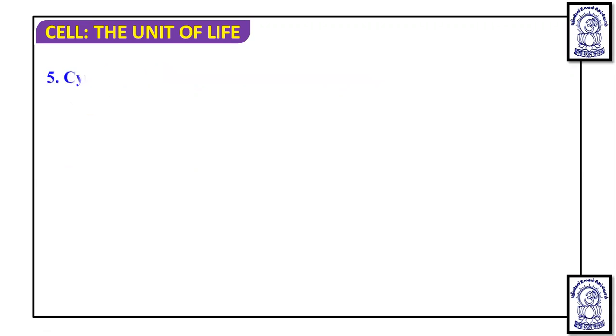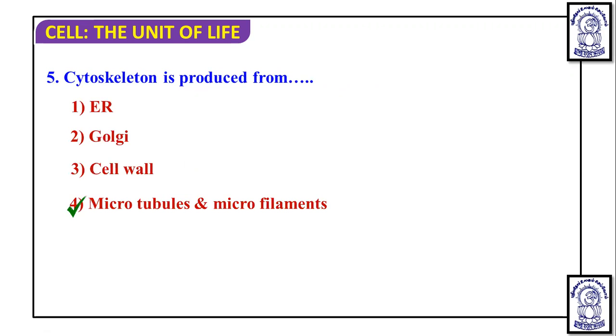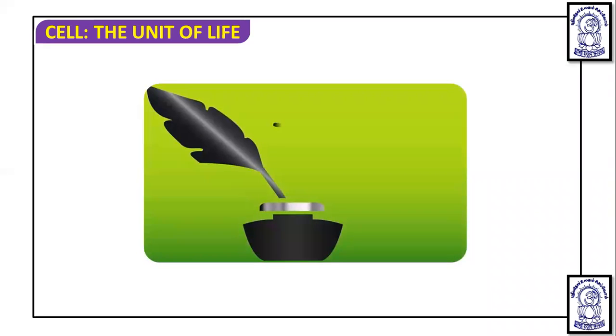We have studied that. Cytoskeleton is produced from: it is made by the microtubule and microfilament. Okay, so that is all about the ribosome and the cytoskeleton part. I hope you understood. Now, in continuation of the cytoplasm, the structure of cilia and flagella we will understand in the next lecture. Okay, thank you.